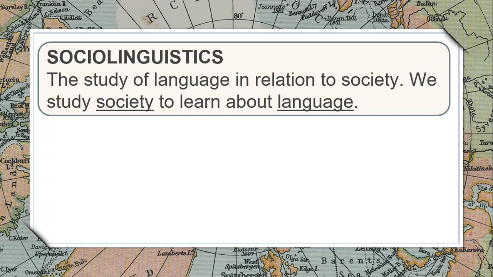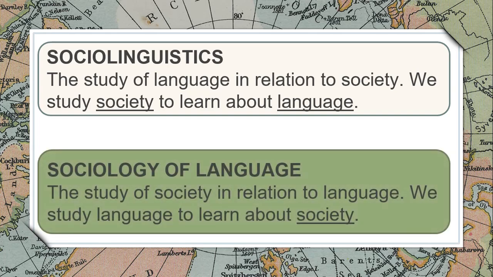The sociology of language, on the other hand, is the study of society in relation to language. So they study language in order to know about the structure of society. Kind of different, right? So we are focusing on society so that we know more about language, and they learn more about language to know more about society.